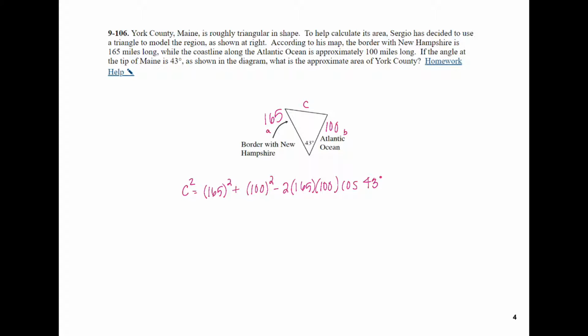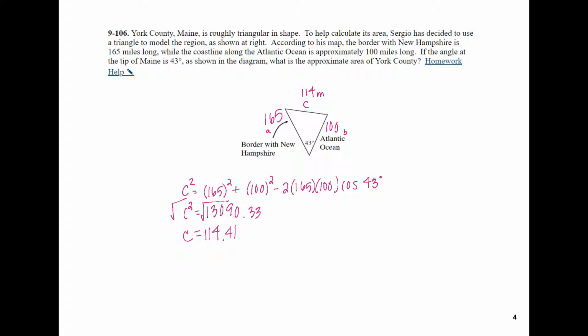So when we type this all into our calculator, we get C squared is equal to 13,090, approximately 0.33. When we take the square root of that, we get C is about 114.41. So about 114 miles long.